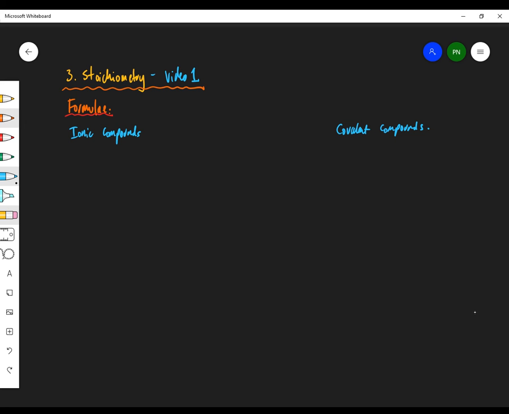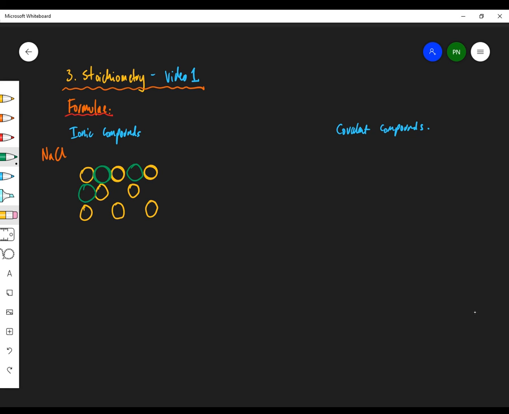Right, let's have a look at an ionic compound first of all. Let's pick a nice simple one: sodium chloride. If I were to zoom in on sodium chloride, what would it look like? It would look something like this. I'm going to draw this quickly so it doesn't take up too much time. There's one type of ion, and let's do a different color for the other type.